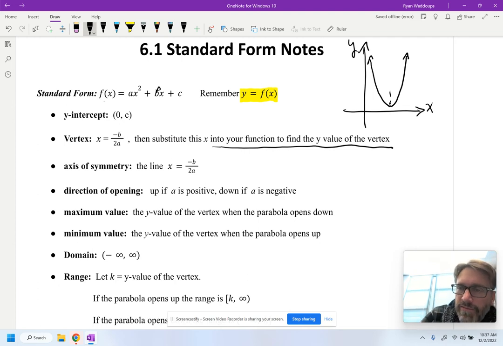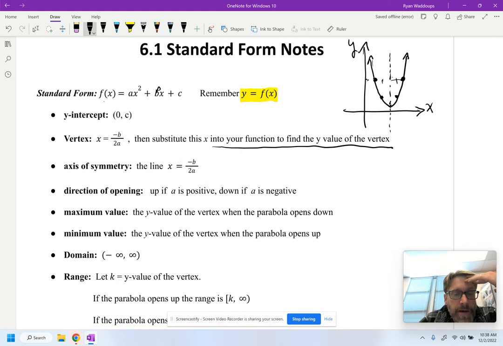And this line right here, which I'm going to make a dotted line, is not technically part of the graph of the parabola, but it's the line that tells us that we've got points equidistant from that line on both sides. So if I know this point right here, I can figure out what this point over here is without very much difficulty, because let's say this is 2 units from the line of symmetry. I go 2 units over here with the same y value, and it would be another point on the graph. And that's true all along the way.